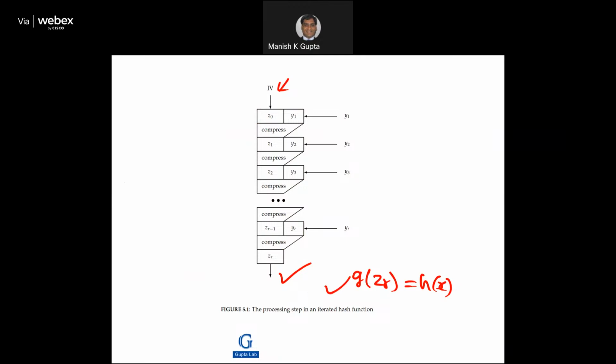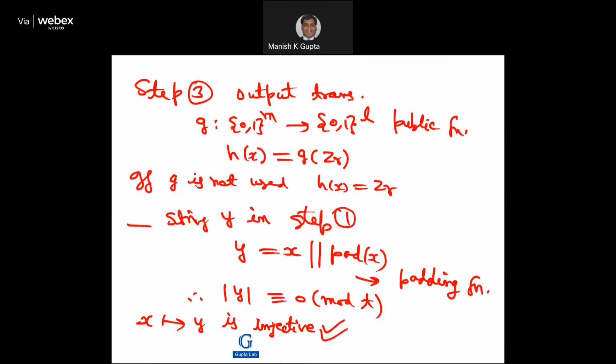Again we use some function G, where G of Zr is equal to H of X. This is our actual hash function. Step 3 is about this G function, and it is an optional step: output translation. G takes a string of length m and gives a string of length l, using a public function.